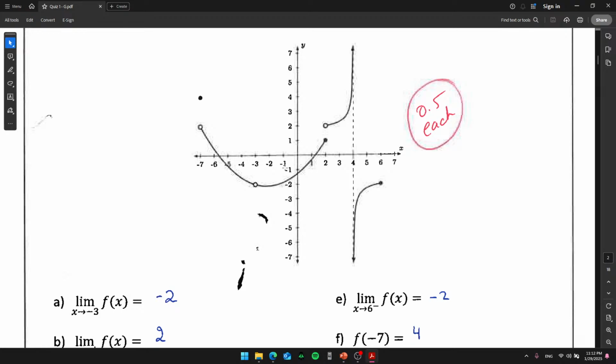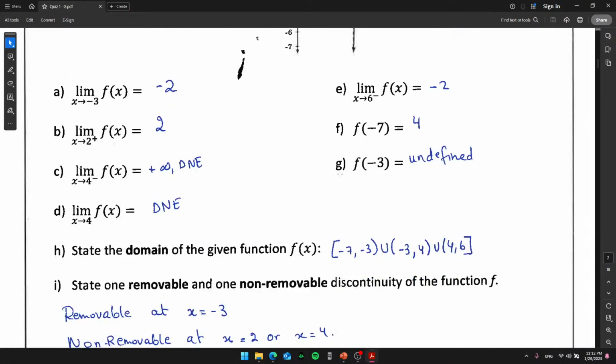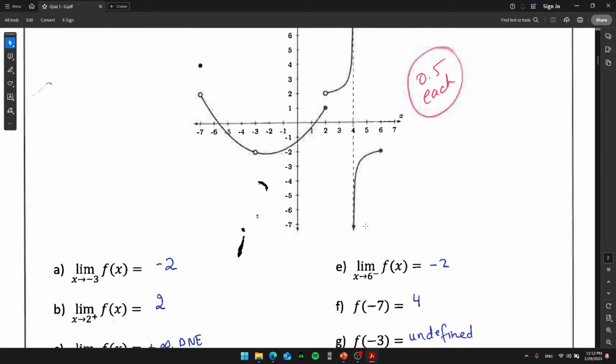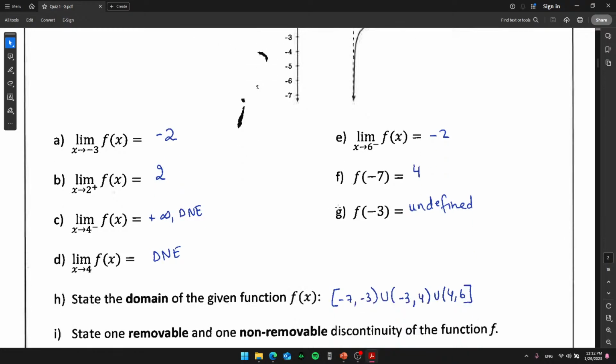-7 to -3 open bracket, then from -3 to 4 open brackets, then from 4 to 6. -7 to -3, -3 to 4. Correct.